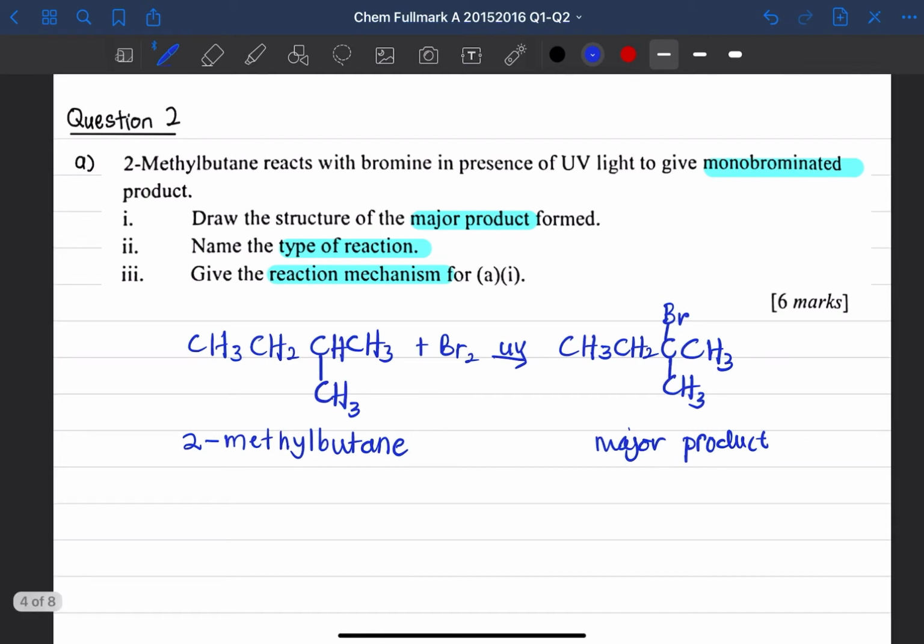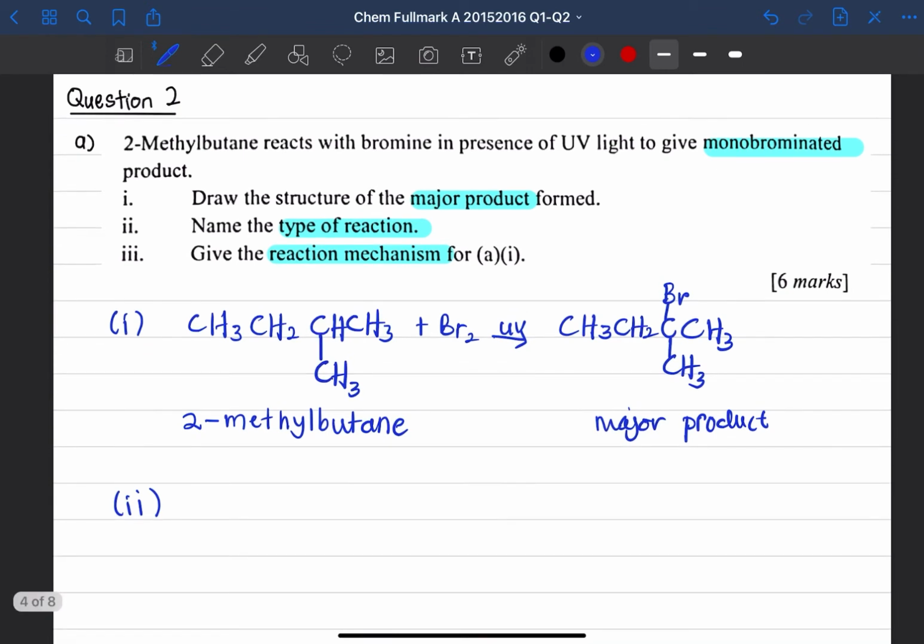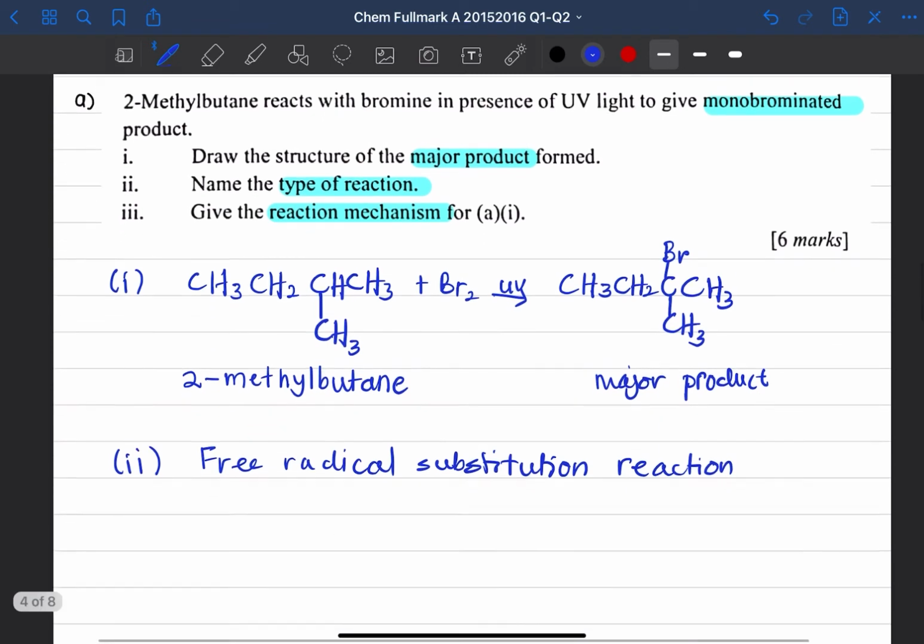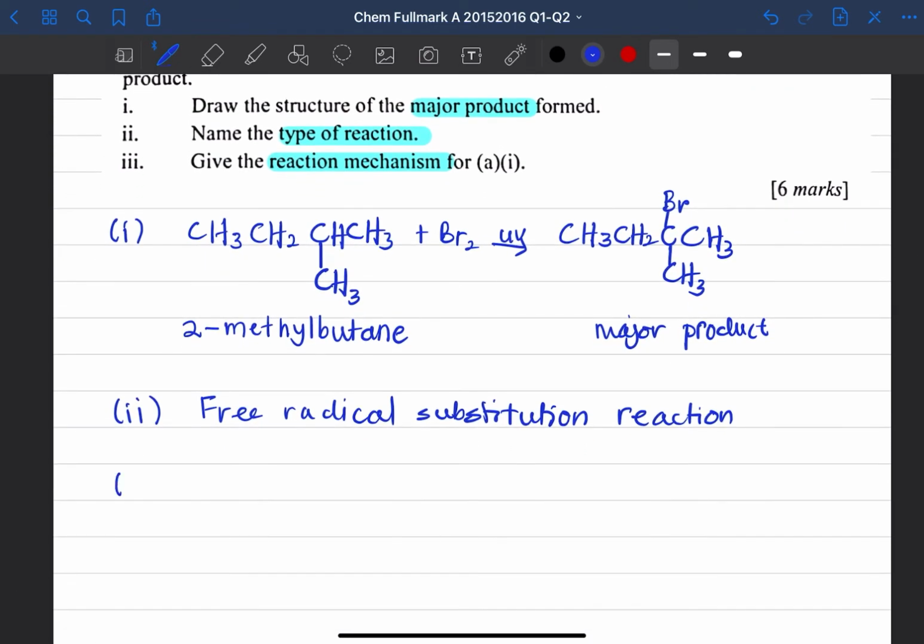Okay, so this is question number 1. Next, question number 2, type of reaction. This one you can answer easily: this is a free radical substitution reaction. And the last part 3, give the reaction mechanism.